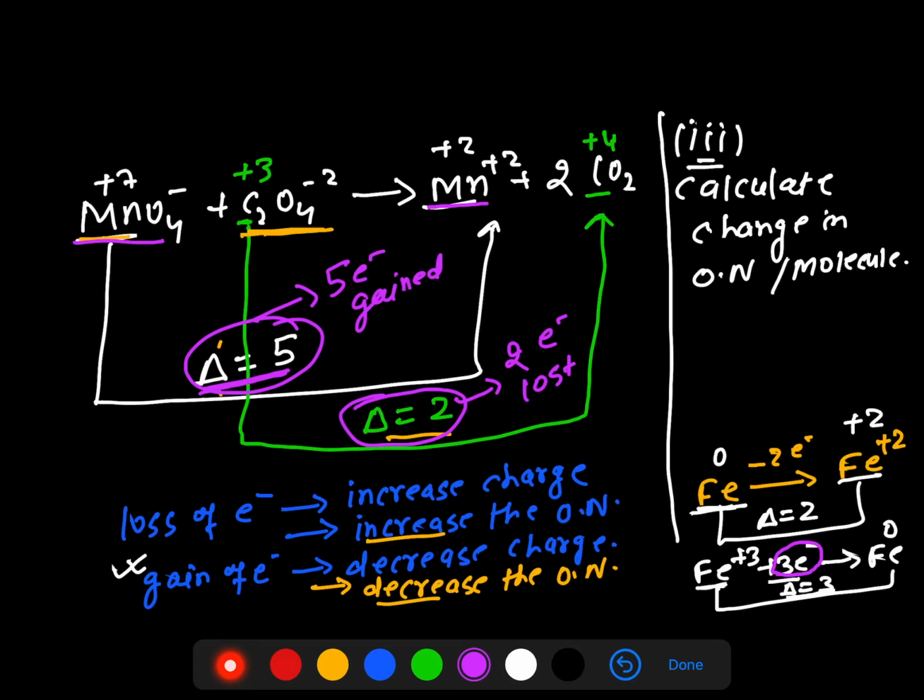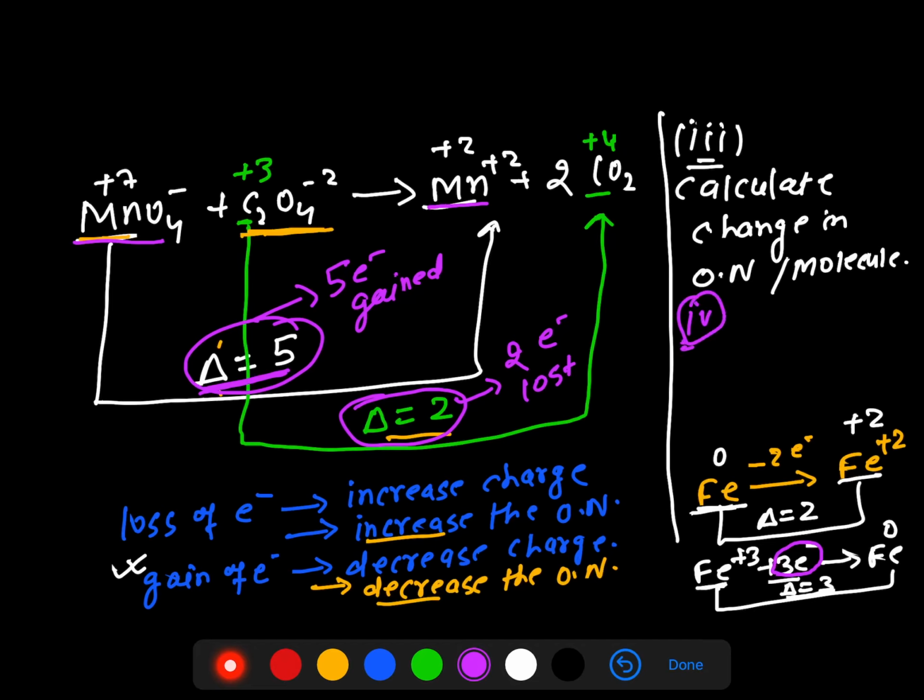Now the question is, the number of electrons lost were 2, but the number of electrons gained were 5. That is not possible, right? So the number of electrons lost must be equal to the number of electrons gained. And how can we make them equal?